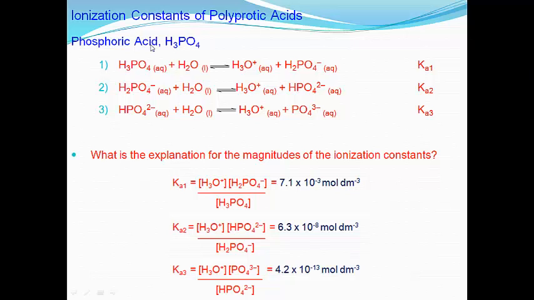Alright, so let us explore that by looking at the ionization constants of phosphoric acid, which is H3PO4. For phosphoric acid, we have 3 ionizable protons, and therefore one can expect that in solution there are going to be 3 ionization steps. The first one is H3PO4 plus water to give us H3O+ and H2PO4 minus.